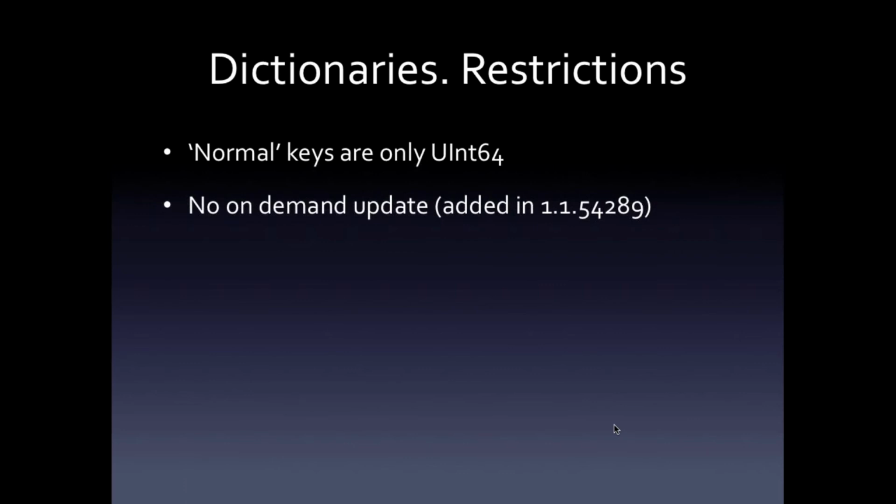There was no on-demand update, and it has been added just a week ago or this week. Every cluster node has its own copy of the configuration file that may result in inconsistency of dictionary configuration. So you need to keep an eye on that.